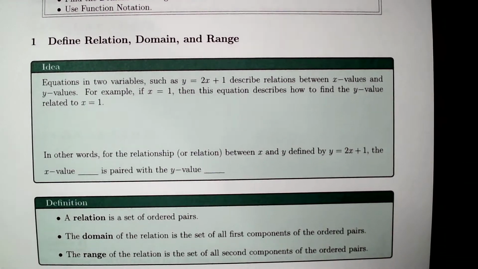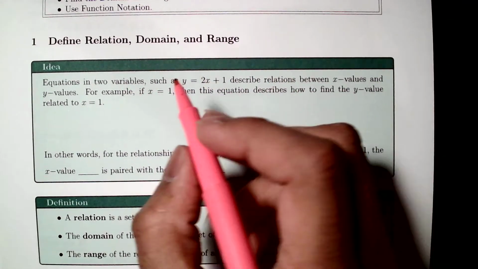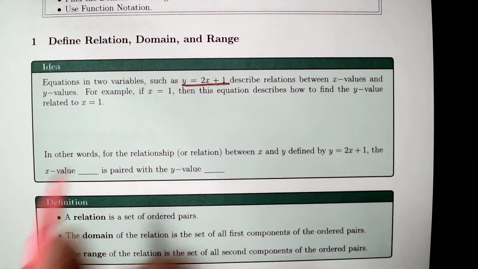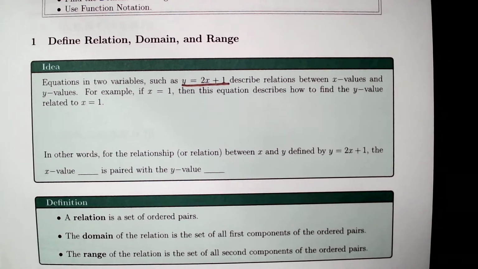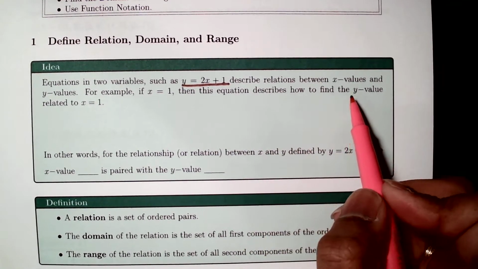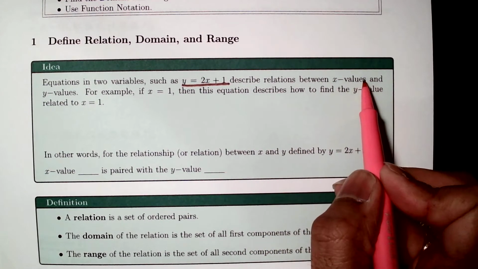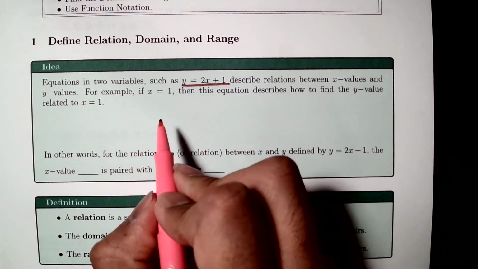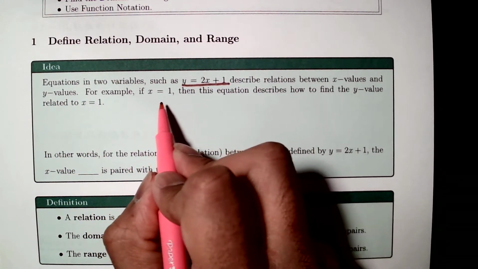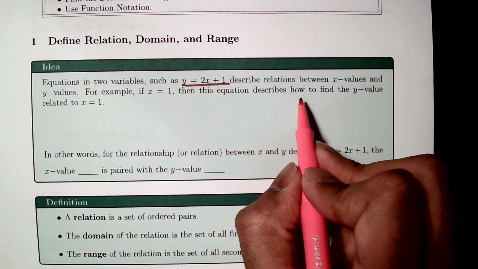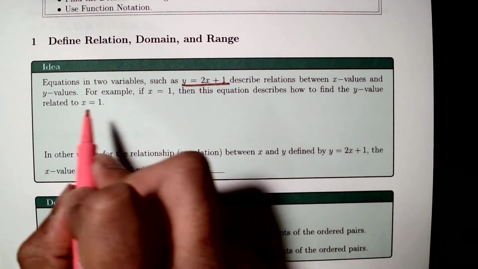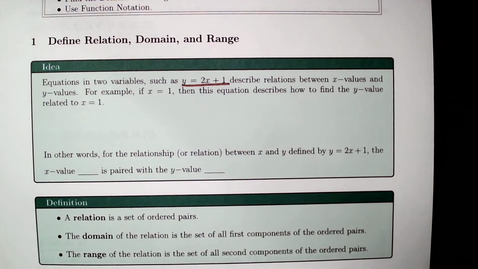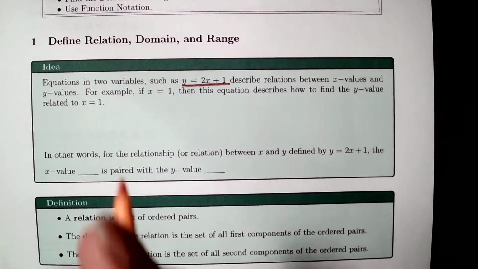So what's the idea? An equation in two variables such as y equals 2x plus 1 describes the relation between the x values that we input and the y values we obtain as outputs. For example, if x equals 1, then this equation describes how to find the y value related to x equals 1. Let's see how that works.